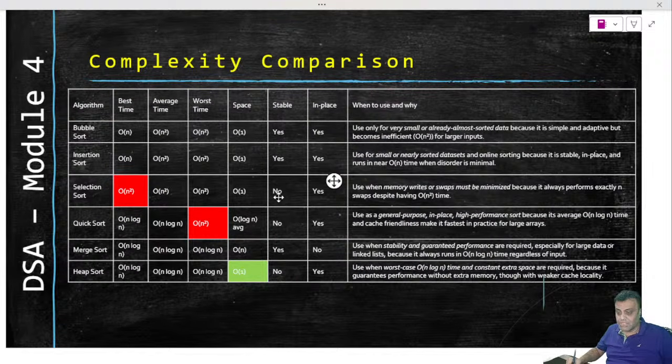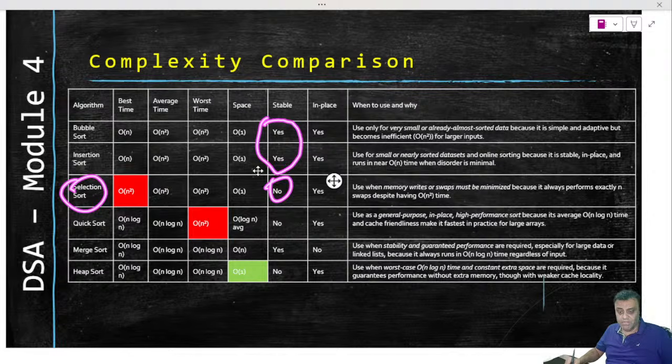However, wherever we see the space complexity, the space complexity of all of them is order of 1. Right? So it is going to take no ancillary or auxiliary space additionally, and all of them will not be stable. I told you selection sort will not be stable.